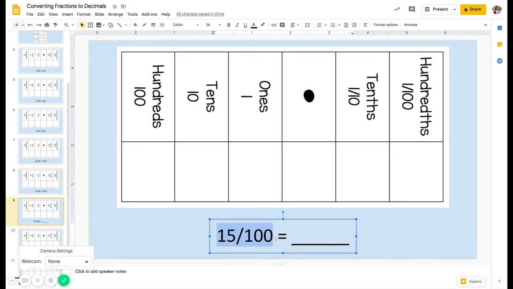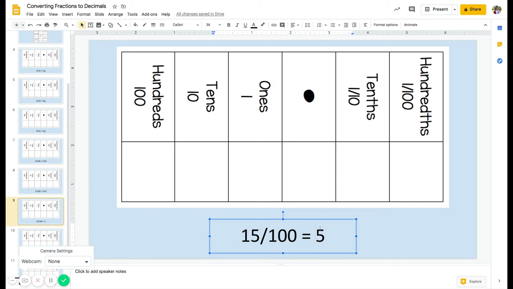Now, 15 hundredths looks a little bit different. This 5, the end of my number, has to land in the hundredths place value because I have that many hundredths. So if I'm at my 5, I come over here and it needs to land in the hundredths. So I will put a 5, and since I can't write on this, I'm going to work my way back.